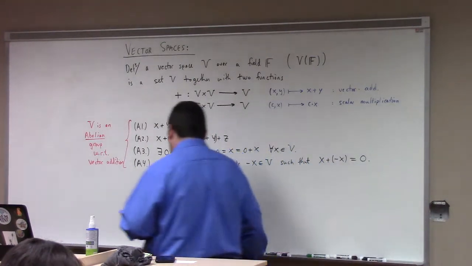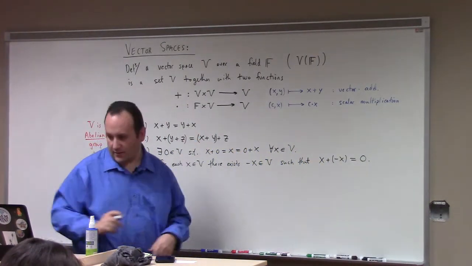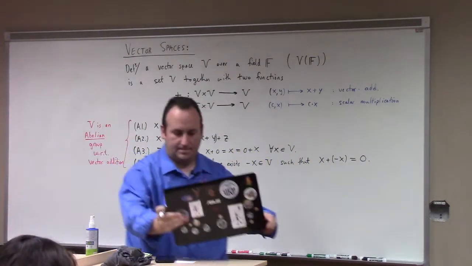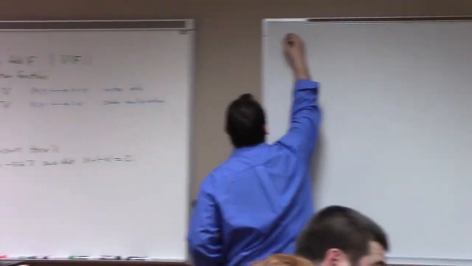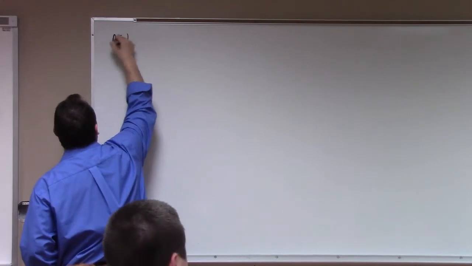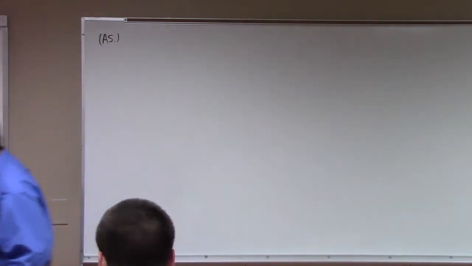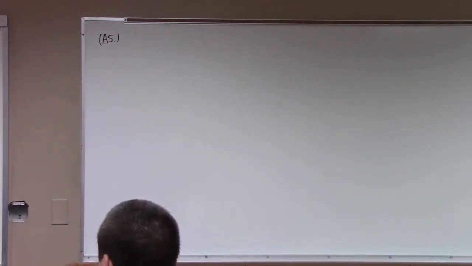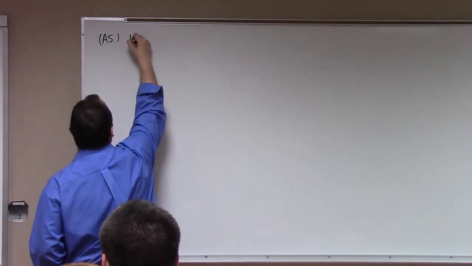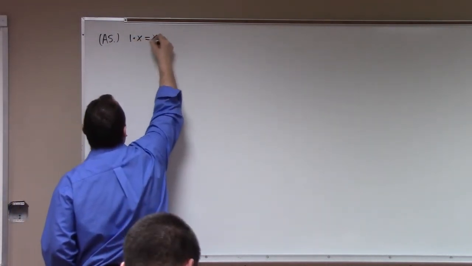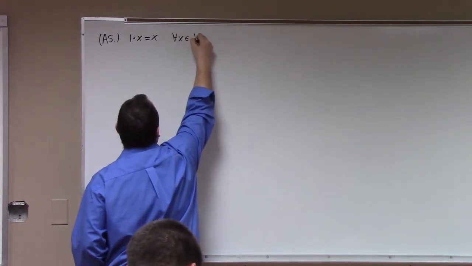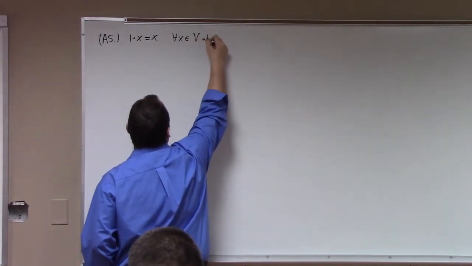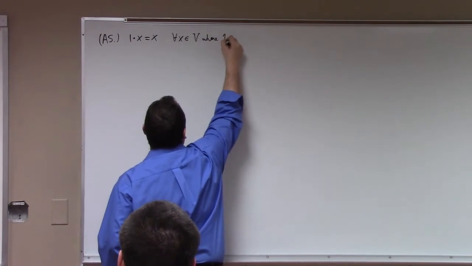But it goes on. Then there's axiom 5. Axiom 5 is that 1 times x is equal to x for all x in V. And here 1 is in the field.